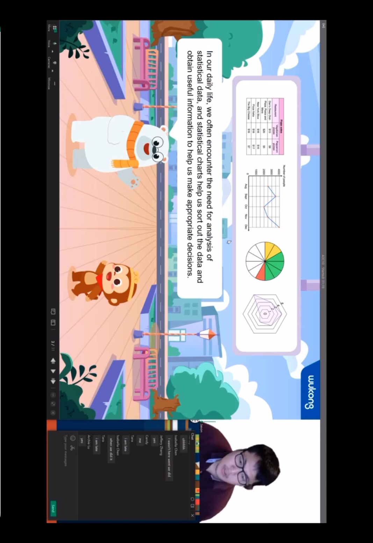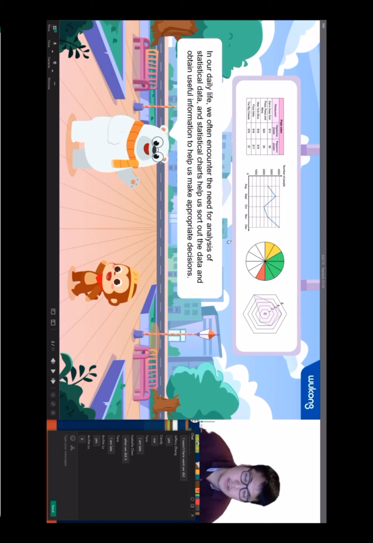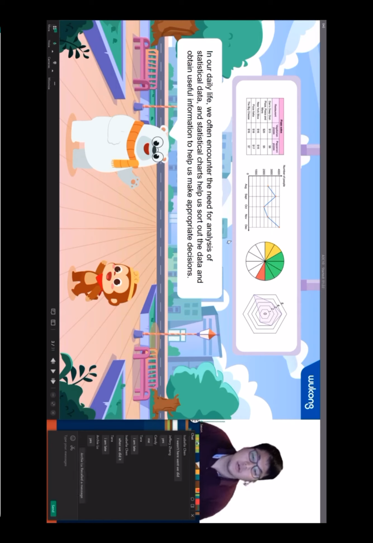So according to that data, guys, we can make decisions such as, should I take my umbrella tomorrow morning or not? Or should I wear sunglasses tomorrow? Or even, can I plan a trip for a picnic tomorrow? We can make good decisions by looking at the weather forecast. So that's why statistics is very, very important. It helps us to improve our daily life routine enormously.